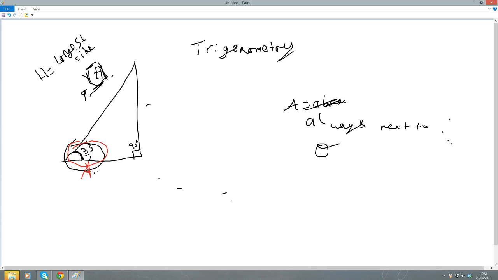Now you might think, why is this not A? Well, that's not A because it's the longest side, and that's automatically the hypotenuse. In any triangle, I'd suggest always finding the hypotenuse first, and so then it's easier to find out the other sides.